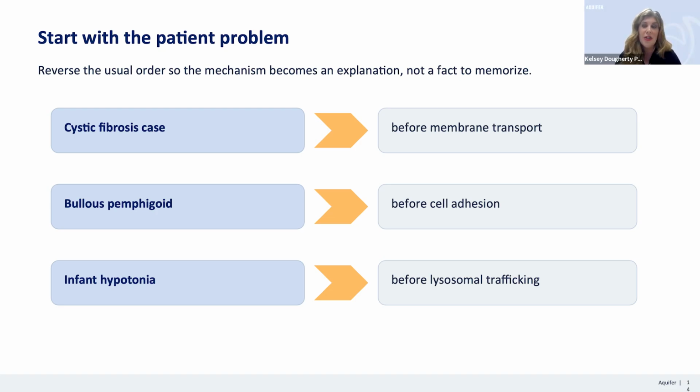In the case I already mentioned, Pediatrics 26, it's an infant who's not gaining weight, and the etiology ends up being cystic fibrosis. Have the students work independently through that case, and then develop their own mechanism of disease map that explains the basic science behind that clinical presentation.